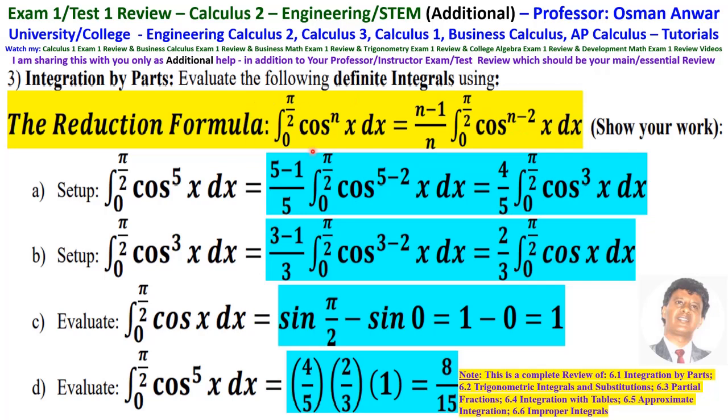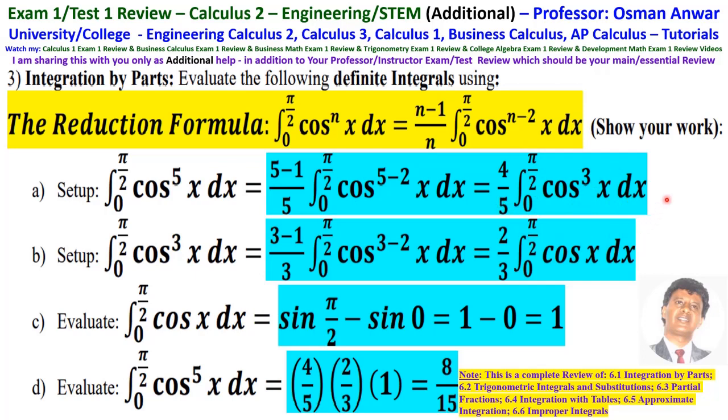So we're going to apply this reduction formula to integrate cosine to the 5x dx from 0 to pi over 2. Here n is 5, so this is 5 minus 1 over 5 from 0 to pi over 2 cosine to the 5 minus 2 x dx. So that is 4 over 5 from 0 to pi over 2 cosine to the third x dx.